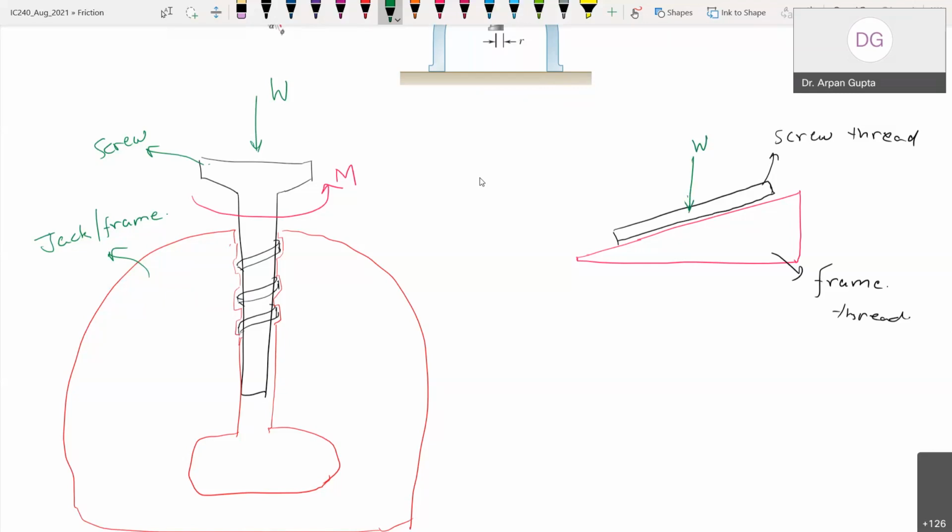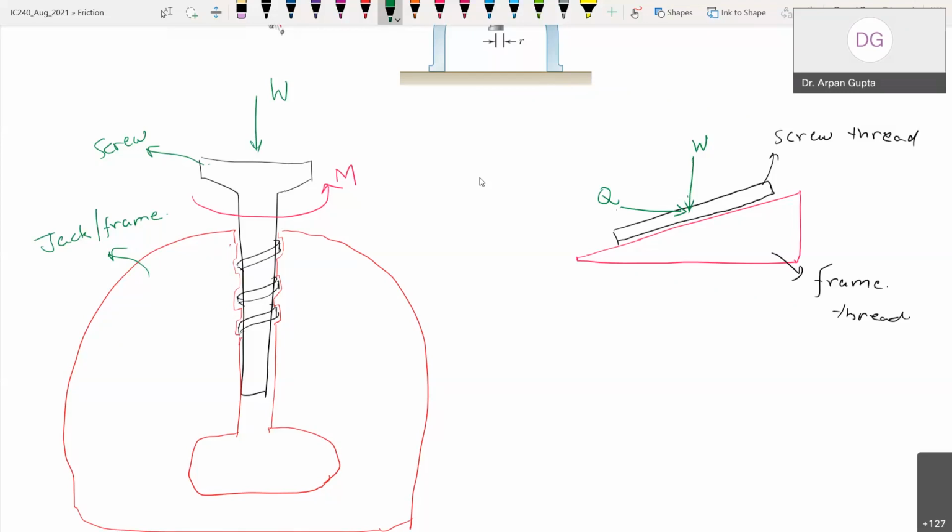Let us say this force is Q, a horizontal force applied due to the moment M, which we are applying externally. Due to this force Q, this block or thread will try to slip up the frame thread, and it will try to go up.